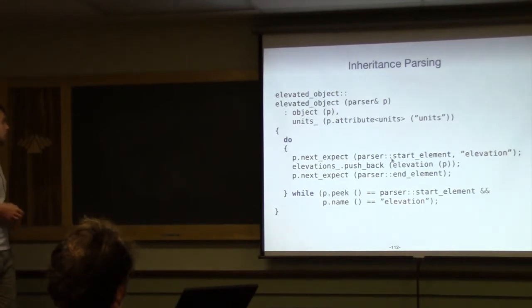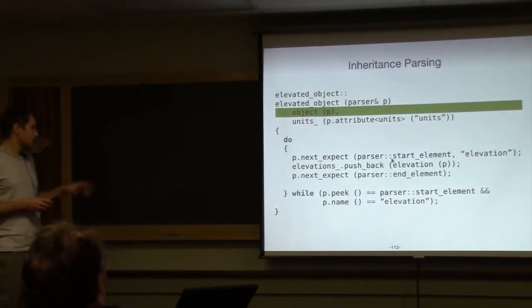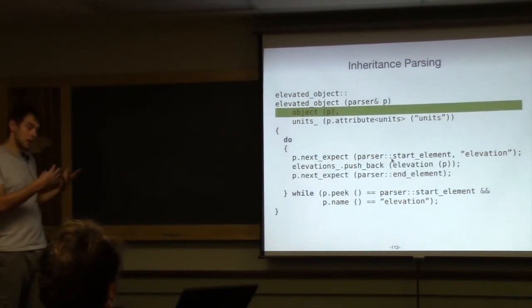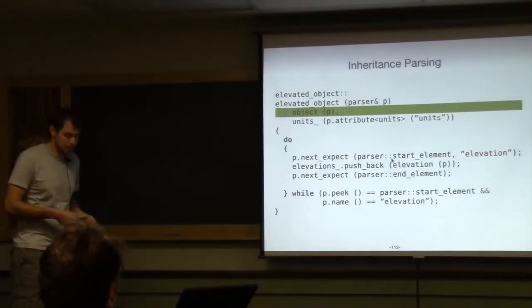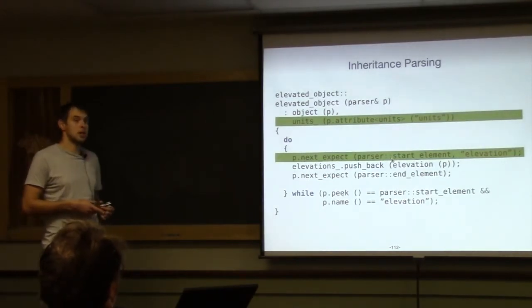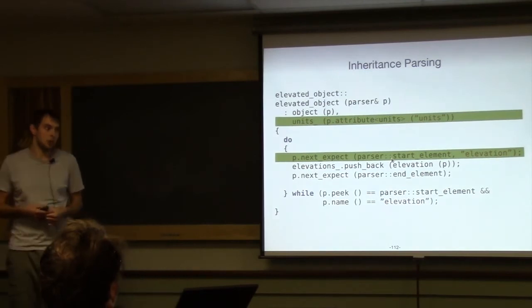Okay, so let's see what happens here. We want to reuse the parser for the object, so we call the base constructor. That constructor will go ahead and parse its attributes and then parse its nested elements. Then, once it returns, we try to parse more attributes. This is not something that a streaming approach allows.